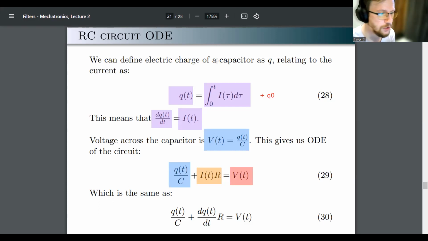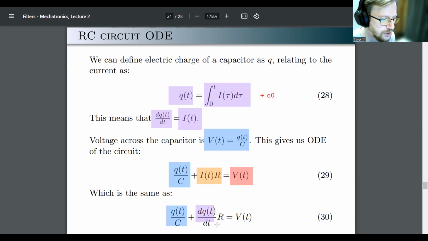But the variables are not homogeneous. We have charge and we have current. That's not very convenient. So we can keep the charge in the characteristic equation of a capacitor, but we can replace current with the derivative of a charge, since we said that current is the derivative of a charge.